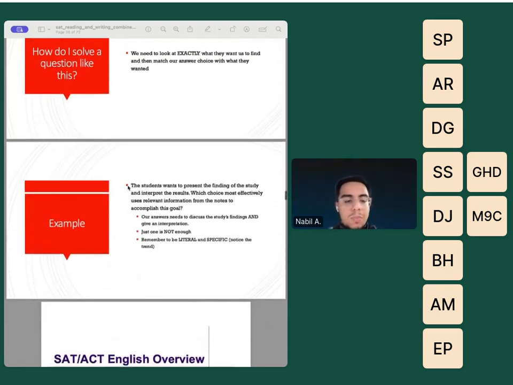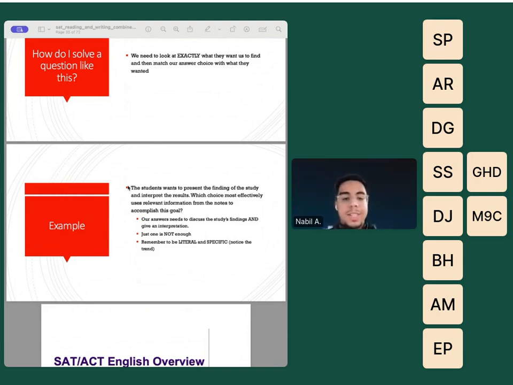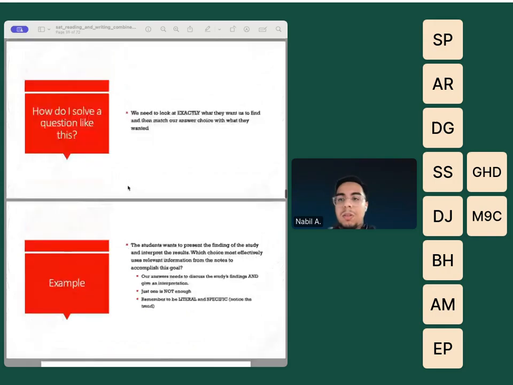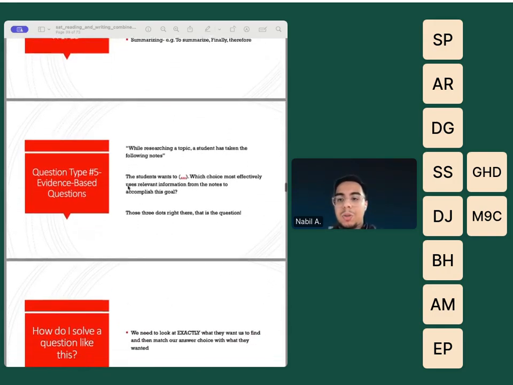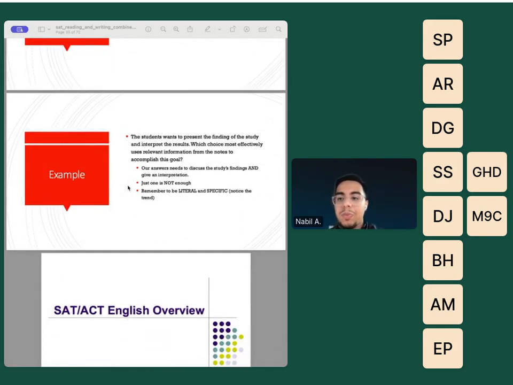But yes, for this example here, for this type of question, the research questions and the student notes, it says the student wants to present the finding of the study and interpret the results. So what are the two things that we need to see in our answer choice? Feel free to put your answers in the chat.